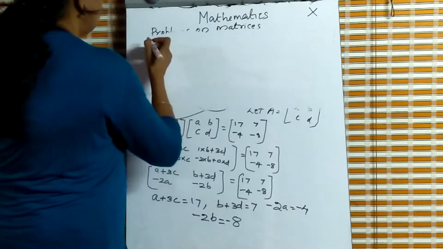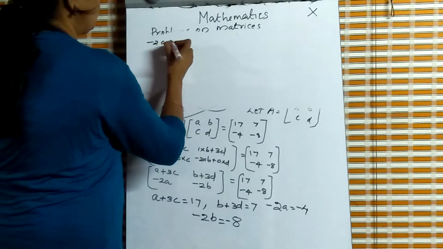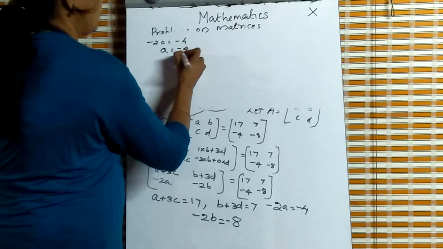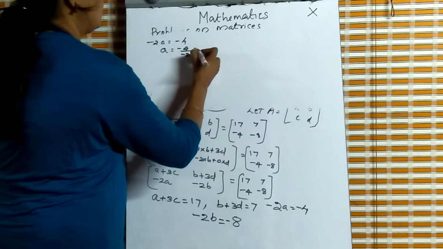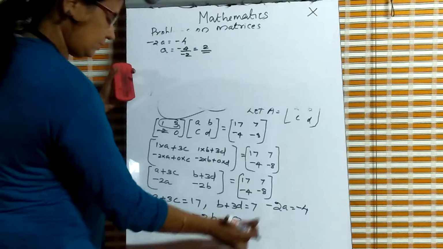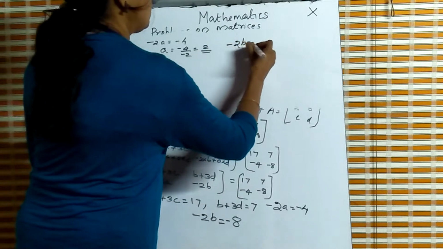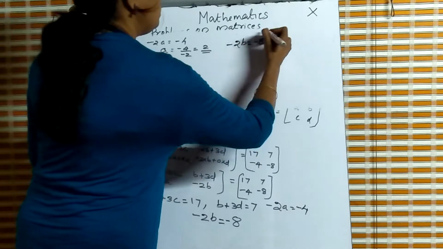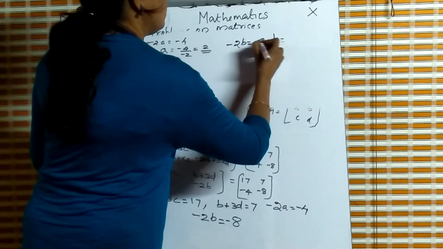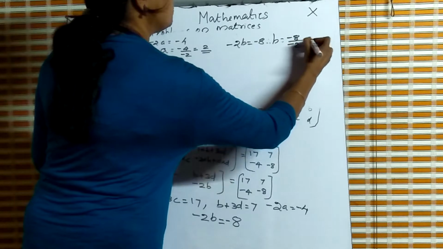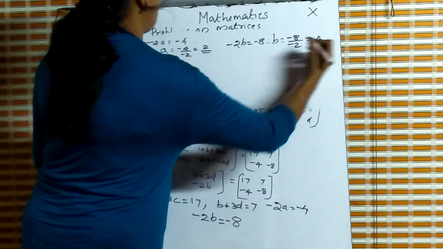One variable: -2a is equal to -4, a is equal to -4 by -2, which is 2. Next one variable: -2b is equal to -8, therefore b is equal to -8 by -2, which is 4.